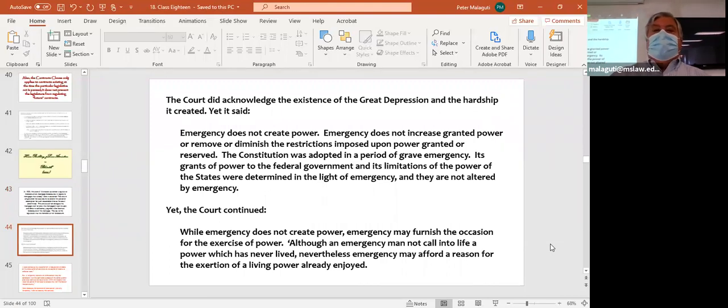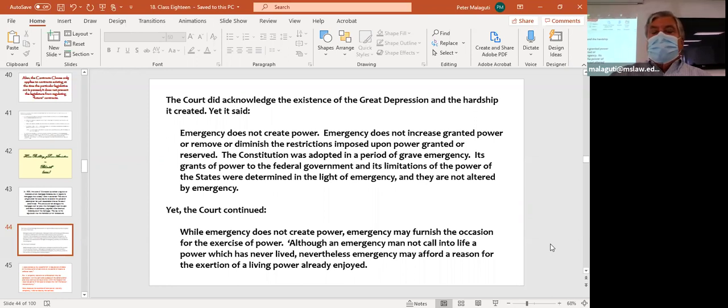First of all, it gives us this fancy language. It says that this is a time of emergency, but emergency does not give enhanced power. So you still have to follow the Constitution, you still have to follow the law. But then it goes on to say, however, emergencies are when legislators exercise power. Emergency may afford a reason for the exertion of a living power already enjoyed.